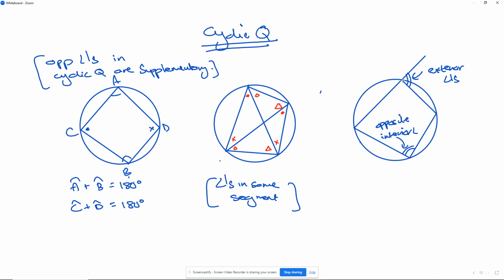You could have extended this side. You could have extended this side as well. And if that was the case, then this angle becomes that one, and this angle over here becomes that one over there. In that fashion. But just to keep one so we don't get confused.